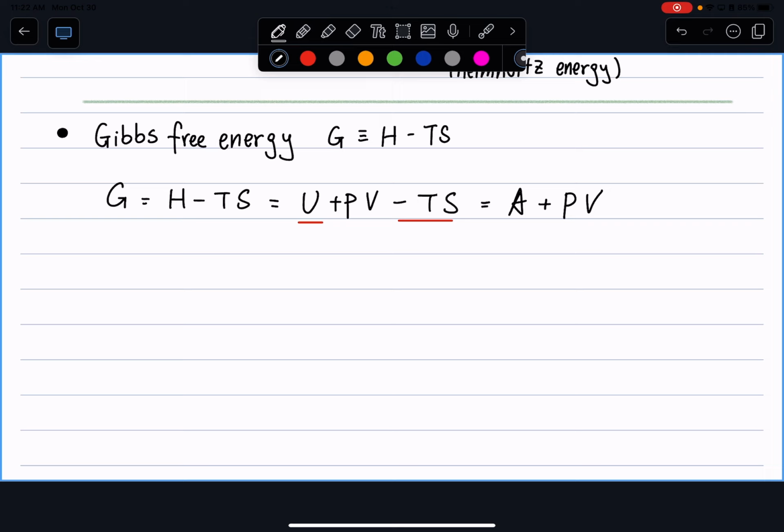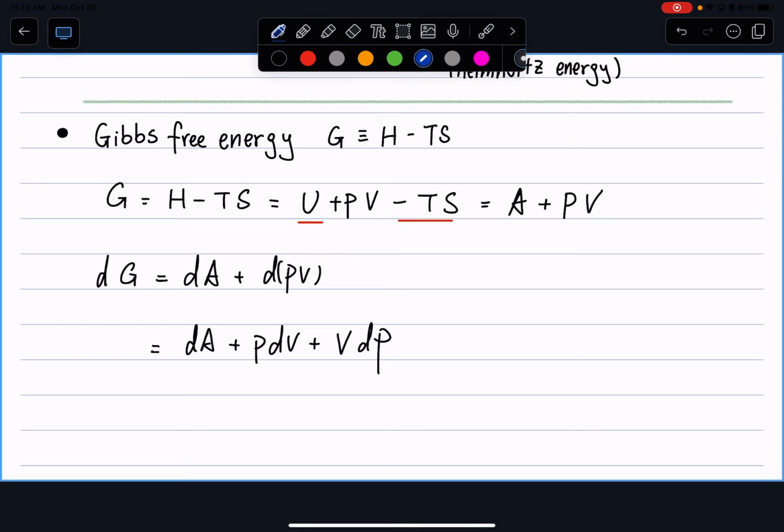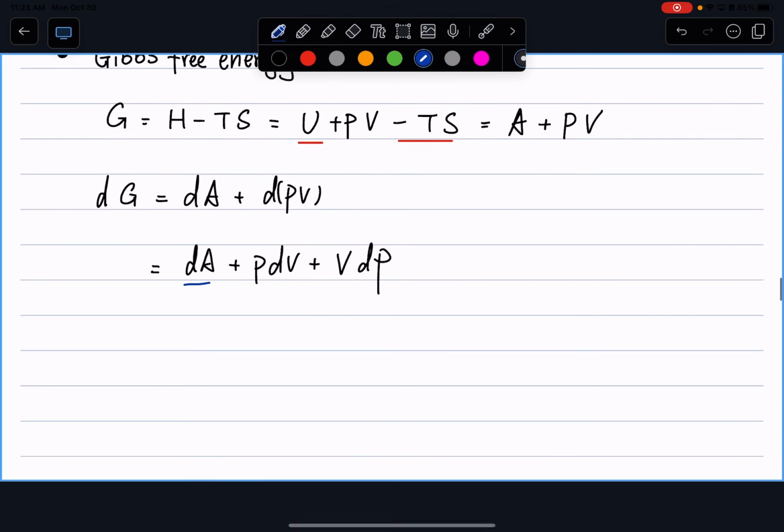Next, we take the derivatives on both sides. So we have dG equals dA plus d(PV), and we can write that out as dA plus PdV plus VdP. Some of the things we know: dA is smaller than or equal to negative SdT plus dW.